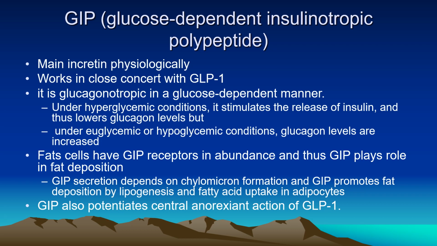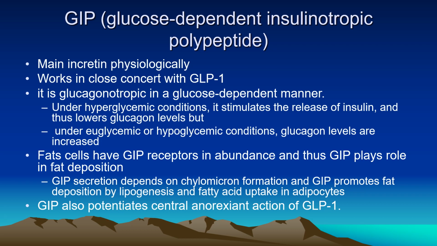Now, GIP or glucose dependent insulinotropic polypeptide is the incretin which is active physiologically, although it is not very potent in releasing insulin. It works in close concert with GLP-1.